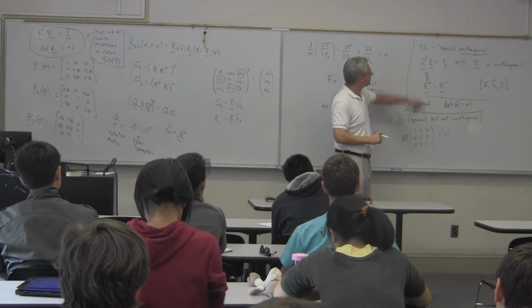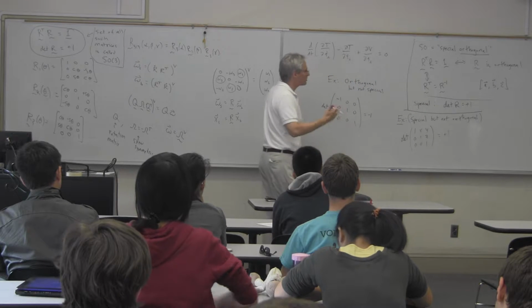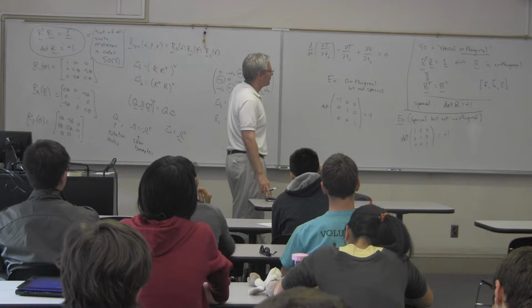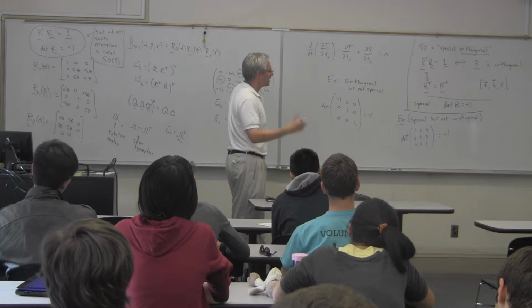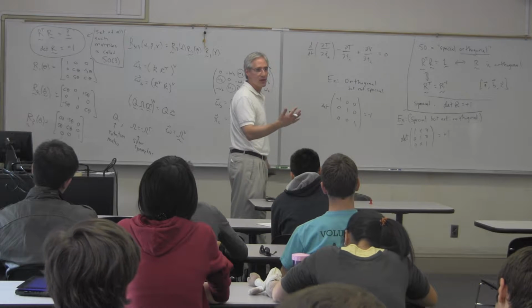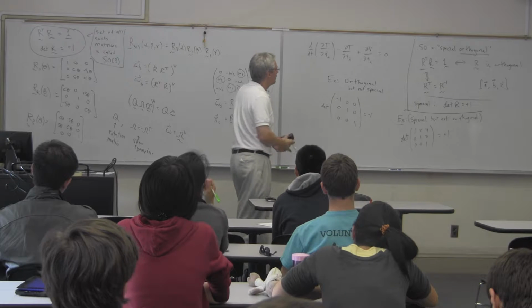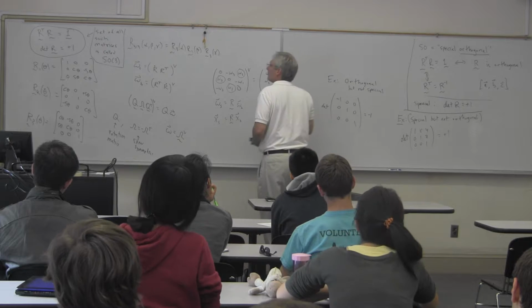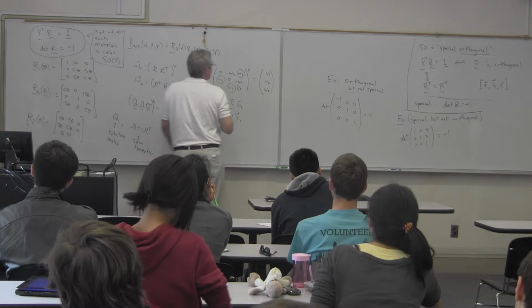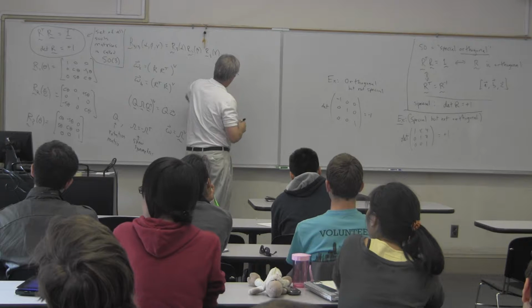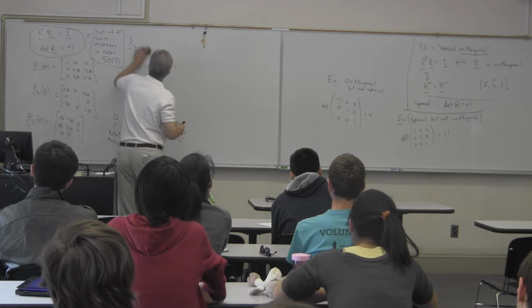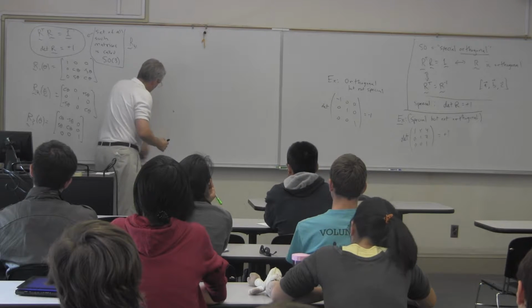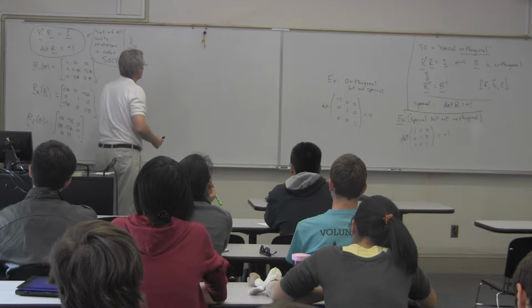So rotation matrices are often called special orthogonal matrices, and they have a nice property that if you take any two rotations and you multiply them together, you get a rotation back. If I give you two rotations, how do you actually prove that the result is a rotation?